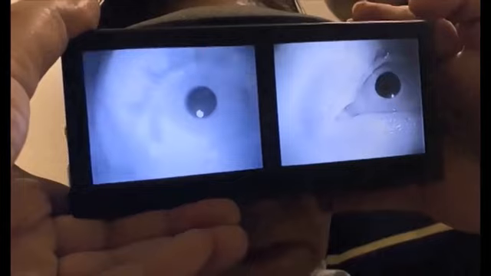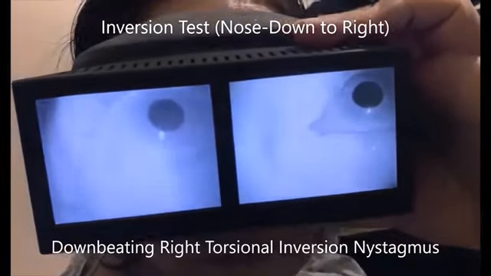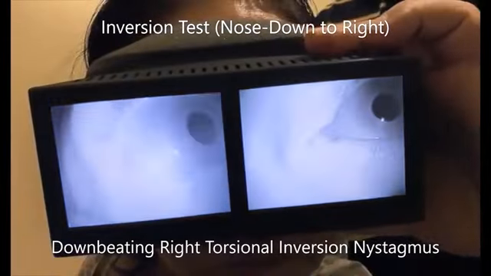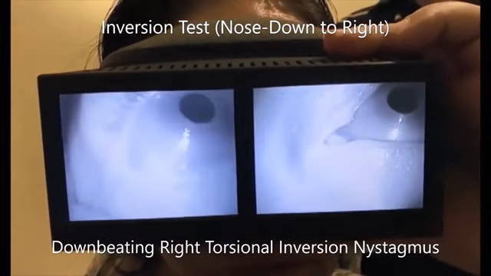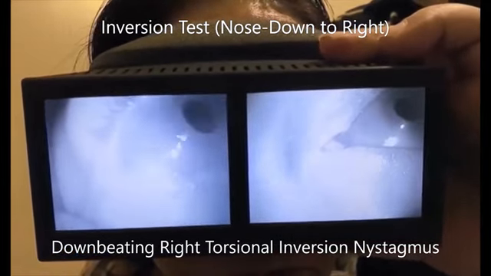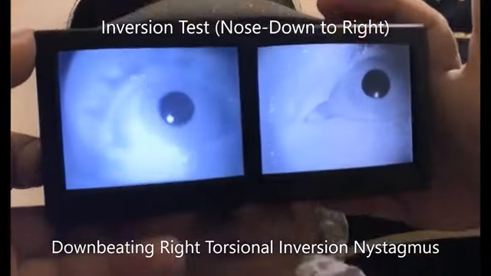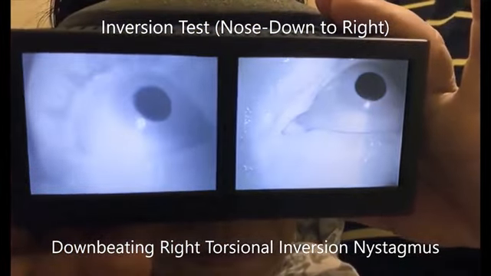The nystagmus changes direction. Vertical component, which was upbeating in the left Dix-Hallpike position, becomes downbeating, and the torsional component, which was left torsional in the left Dix-Hallpike position, now becomes right torsional. So this confirms left-sided posterior semicircular cupulolithiasis.